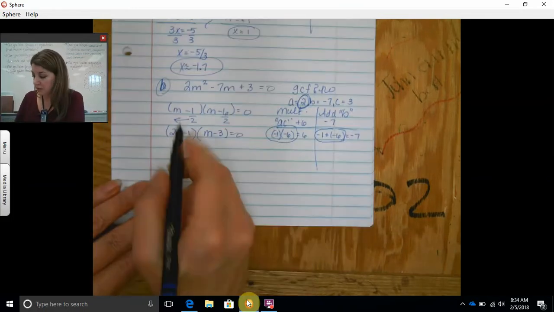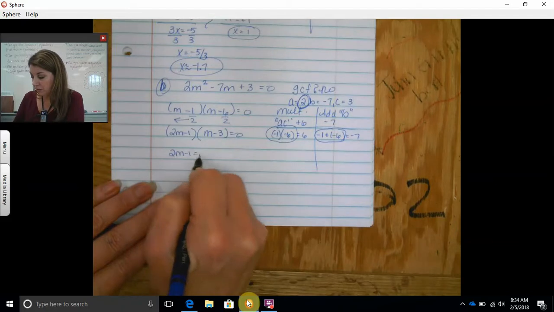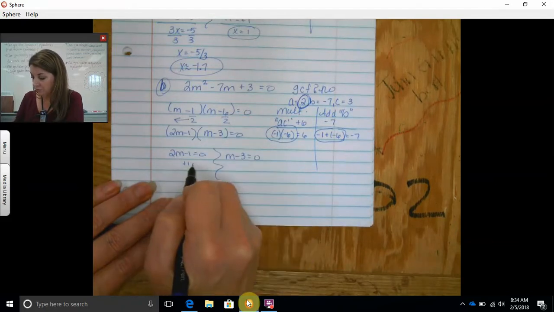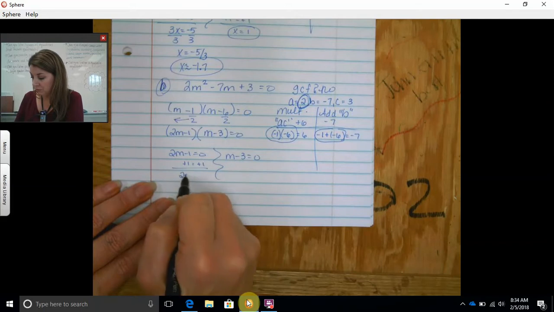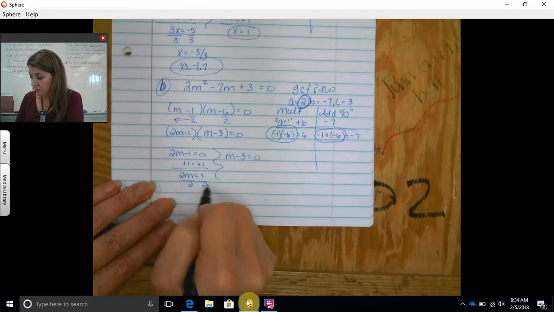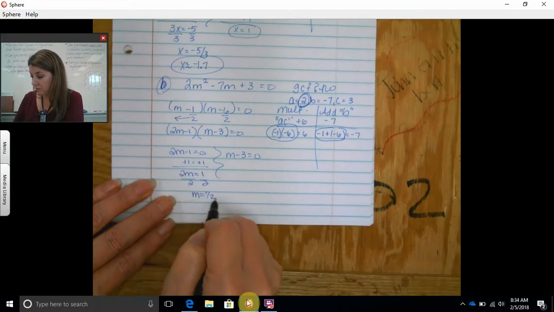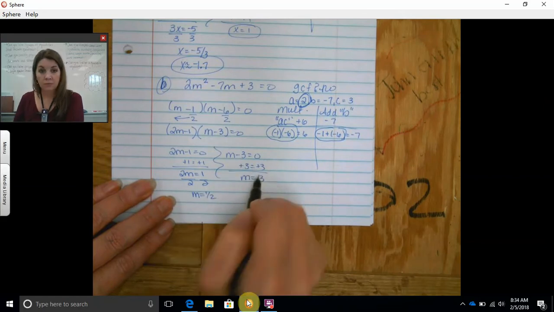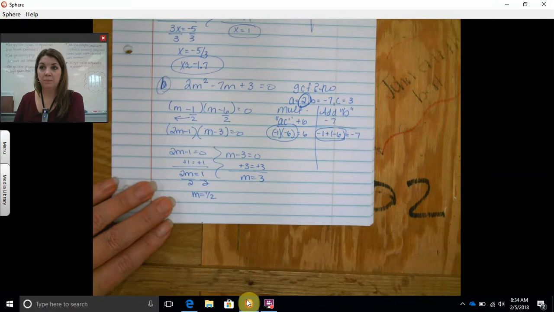So now just set them equal to 0 and solve for the variable. Is that what y'all got? Any questions?